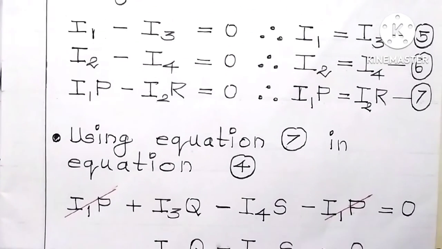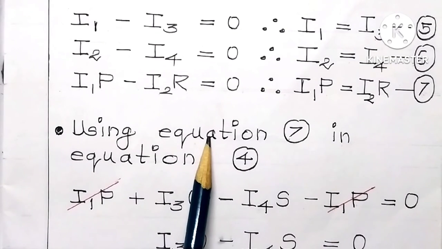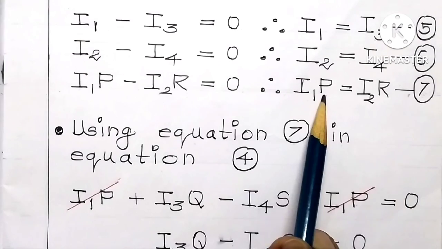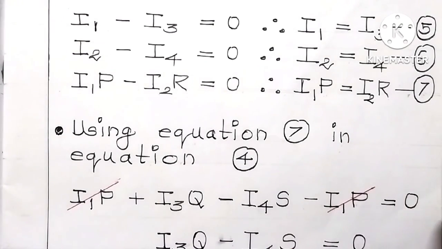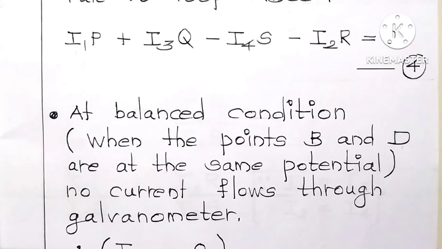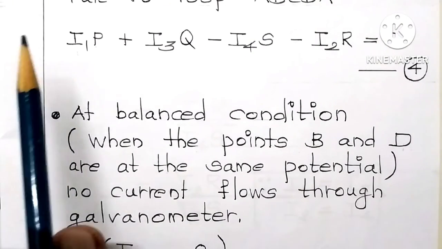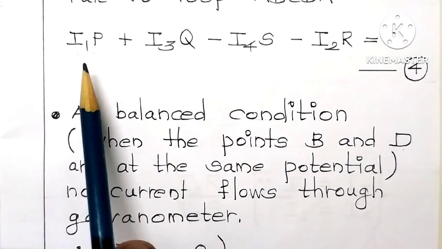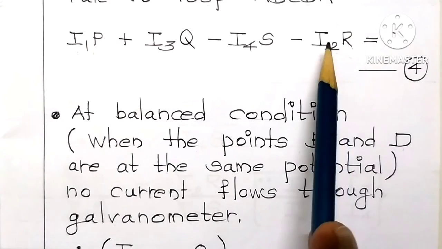Now in the next step, using equation 7, that is I1P is equal to I2R, in equation 4. Here comes equation 4. Here what I am going to do is, in the place of I2R, I am going to write I1P.